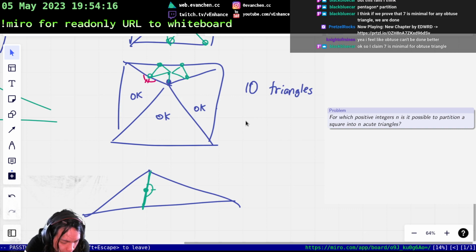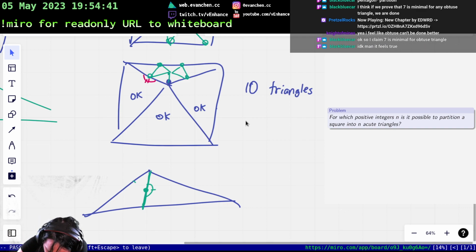If we prove that 7 is minimal for any obtuse, why is that true? But yeah, it has to cut off. And so because of that, there's at least 5 things coming out.